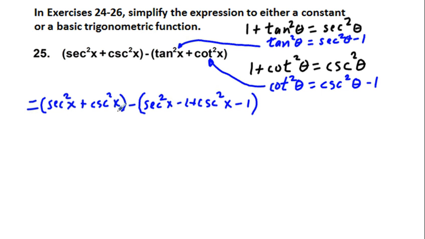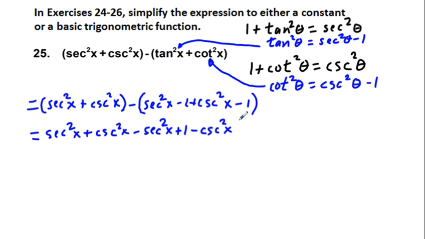And removing parentheses, we're going to have secant squared x plus cosecant squared x minus secant squared x plus 1, minus cosecant squared x, and minus negative 1 is plus 1.